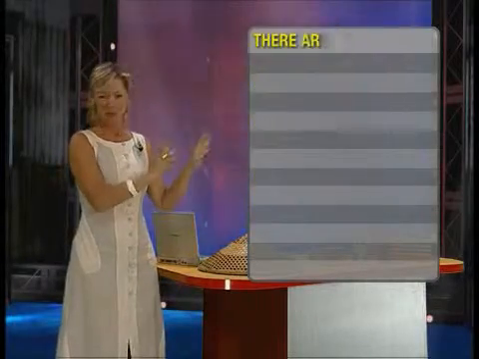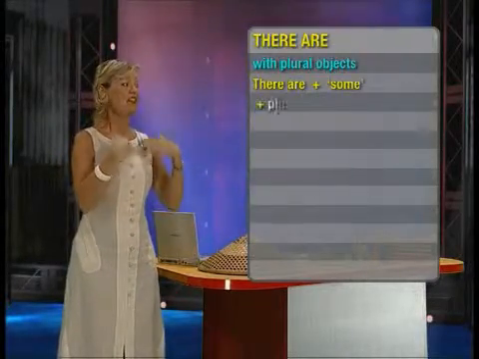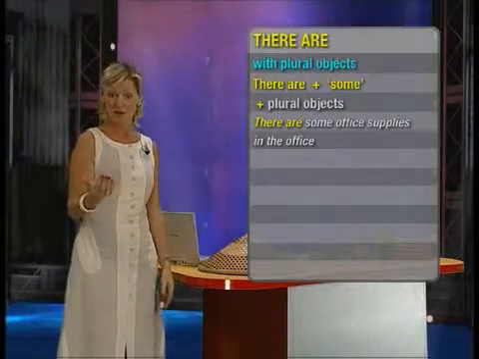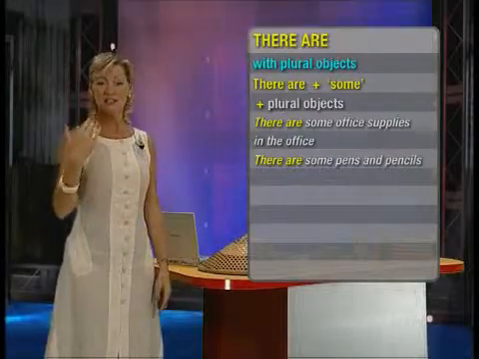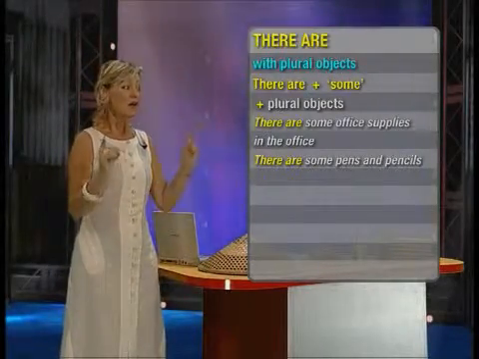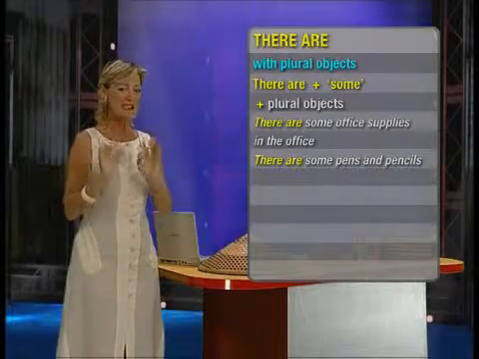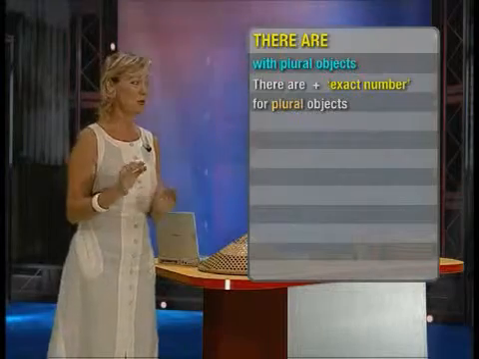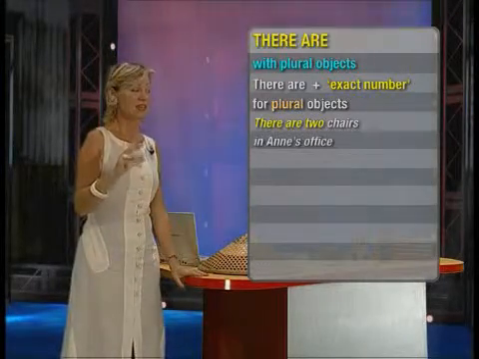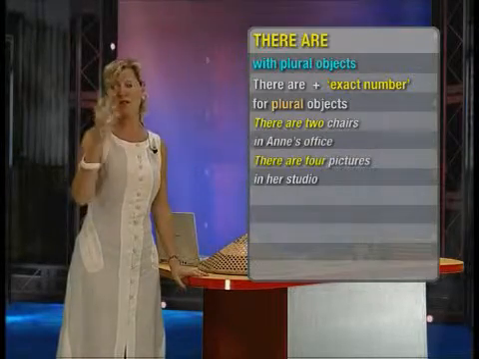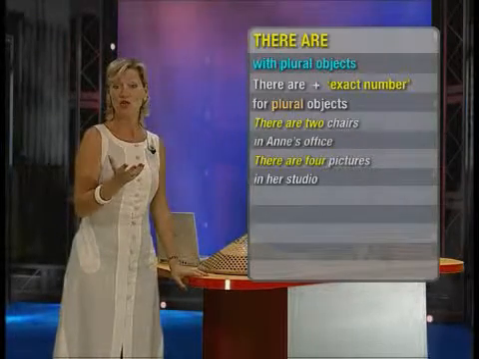Now look at the plural form. We say there are some office supplies in the office, and there are some pens and pencils, okay? And we also use that for the exact number of plural objects. So, for example, there are 2 chairs in Anne's office, and there are 4 pictures, for example, in her studio.